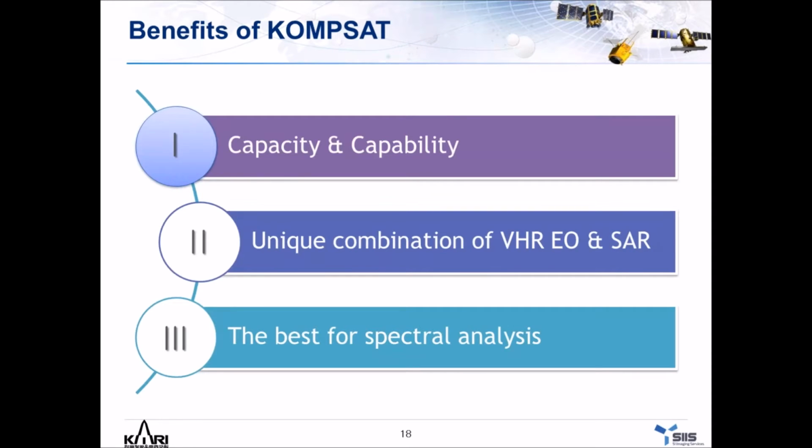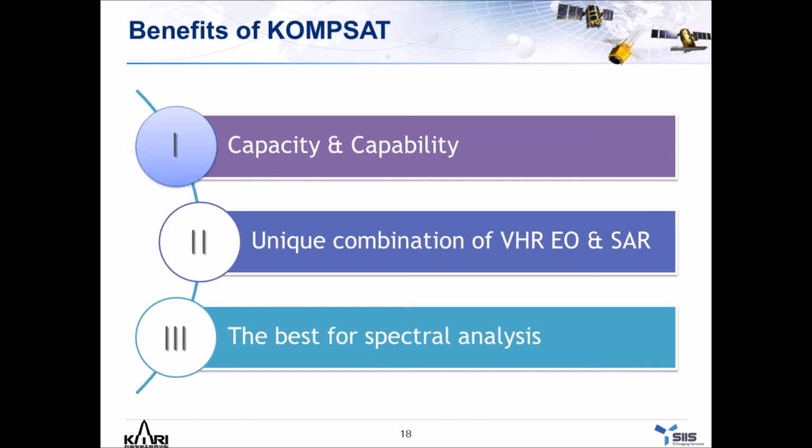We believe there are many benefits of the Kompsat constellation, and there are three major benefits. The first is that we can provide actual capacity to the users, and we provide both optical and SAR data with a very unique time combination.